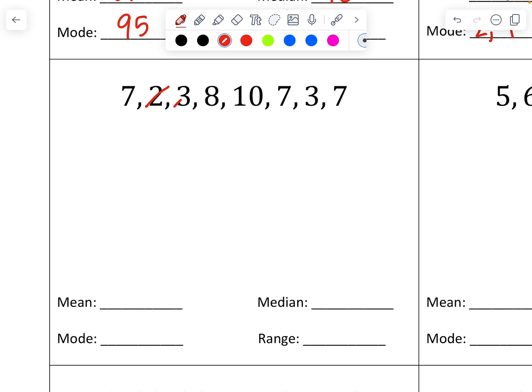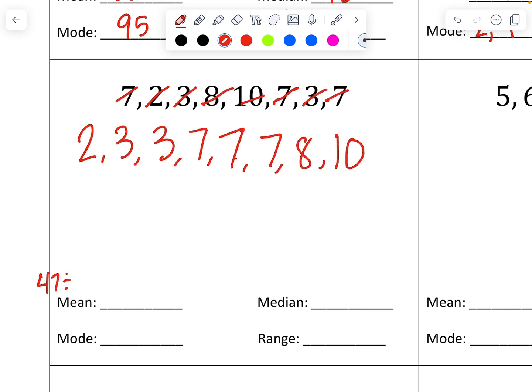All right, on our mean, we're going to add them all up. 2 plus 3 plus 3 plus 7 plus 7 plus 7 plus 8 plus 10. So we get 47. And then we're going to divide it by 8 because there's 8 numbers.